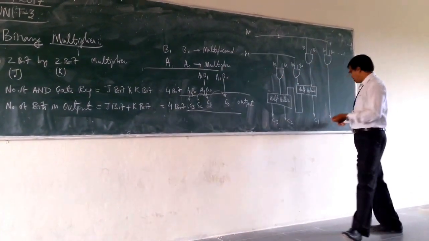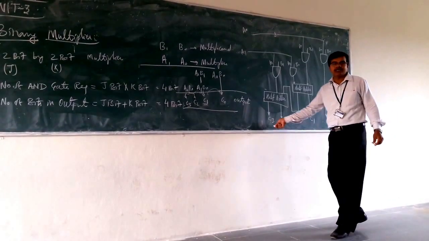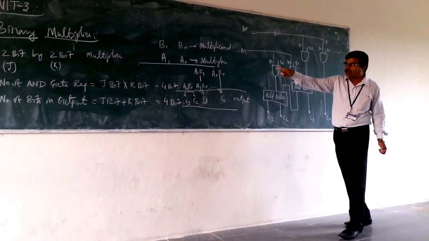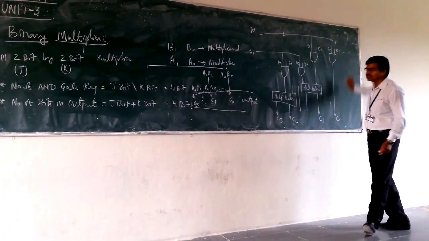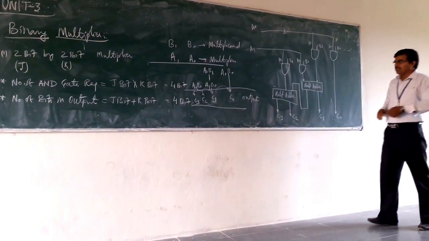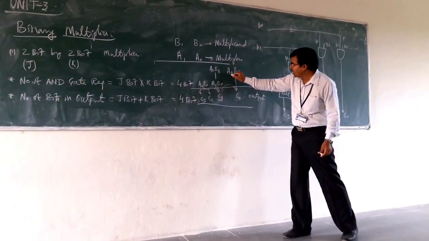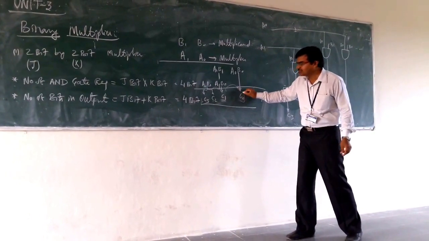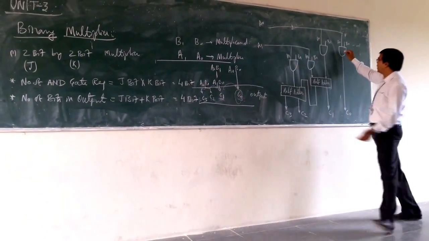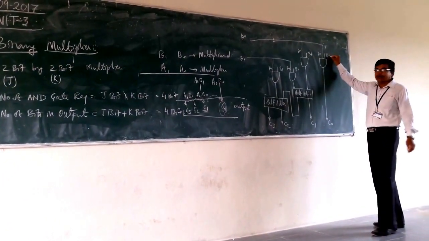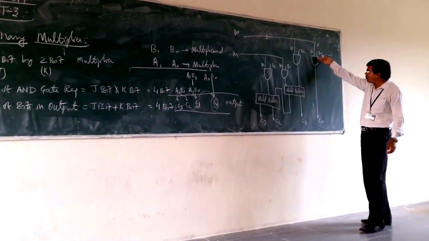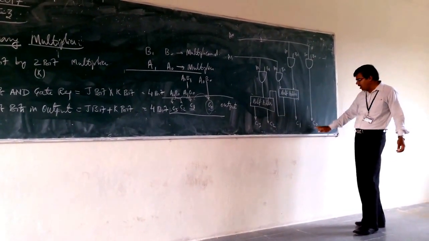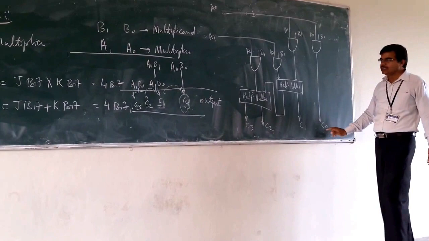So here you are having C0, C1, C2 and C3. Having these 2 guidelines, we are going for designing it. Here you are having A0, B0, that is your C0. Whatever the output of this AND gate is, we are considering it as your C0.